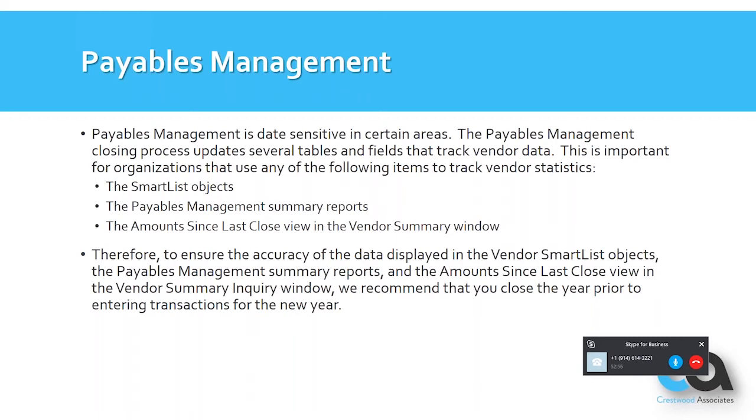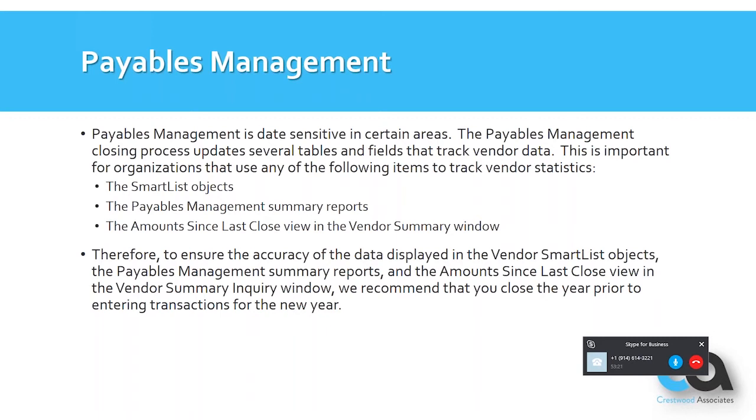So if you're just using the standard payables module and you're using the standard 1099 form, you don't have to do the year-end tax update. So I just wanted to point that out. Of course, you'll want to look at all the bug fixes and everything and factor that in as well. But if you're just using payables, you don't need to do that. You'll still get a correct 1099 form.